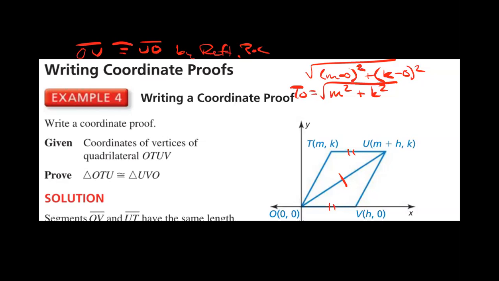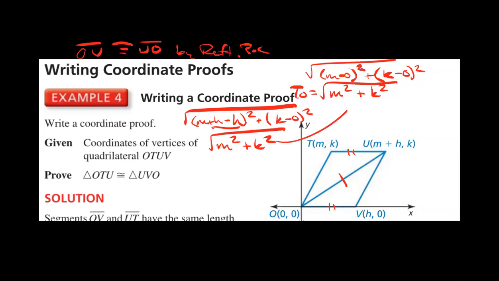But now I got to do UV and see if UV ends up being the same. So for UV, if I subtract my x's, I'm going to do m plus h minus h, right? That's subtracting my two x values. One was m plus h, one was h. And then the other one is still going to be k minus 0. So when I simplify that, the h's are going to cancel. I'm just left with m squared plus k squared.